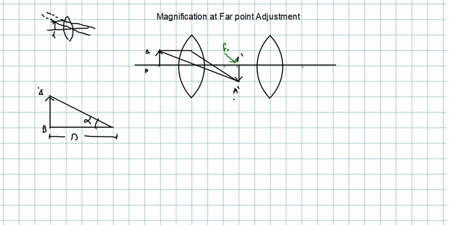Now, if we finish the ray diagram, a ray will originate from here parallel to the principal axis, and after refraction pass through this point, and another ray will go through the optical center of the eyepiece. These two rays, when extended, will meet at infinity. Hence, this is the ray diagram for the image forming at infinity.